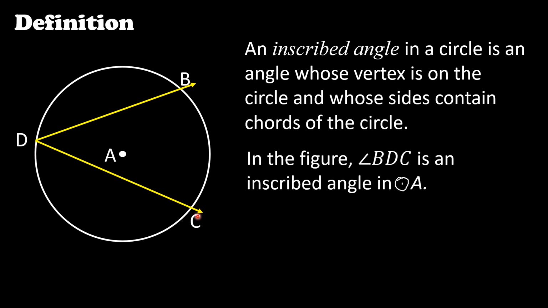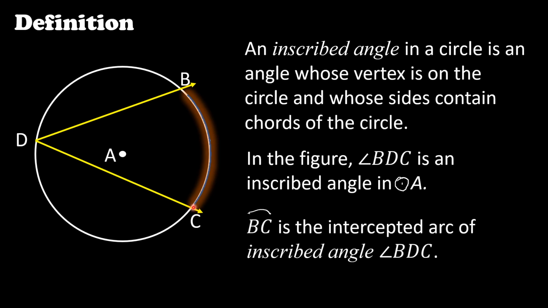Therefore we say that angle BDC is an inscribed angle in circle A. In the figure, we also have arc BC that is intercepted by the inscribed angle. Then we say that arc BC is the intercepted arc of inscribed angle BDC.